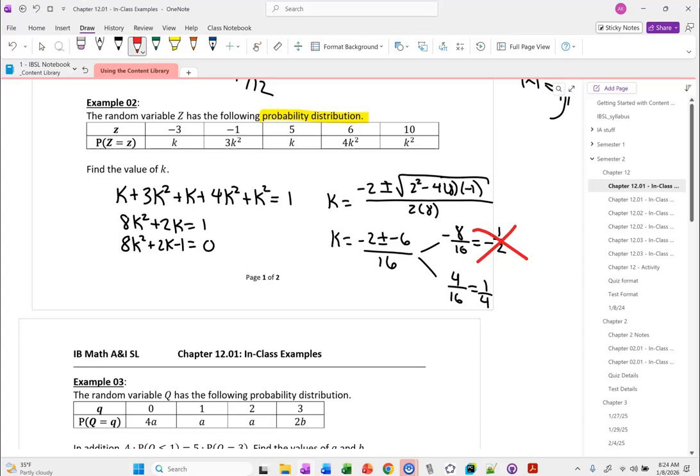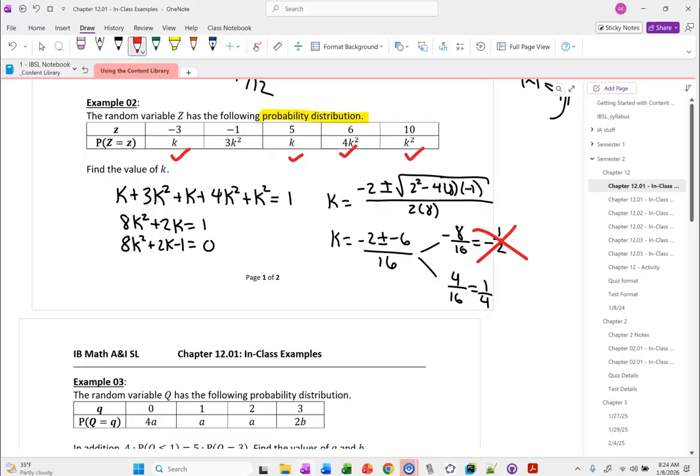So obviously these two are good, right? Because 1/4 is between 0 and 1. 1/4 squared is 1/16. So that's going to be good, right? 4 times 1/4 is going to be 1 times another 1/4. That's good.